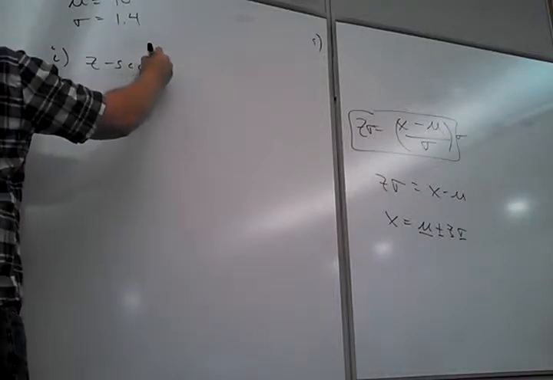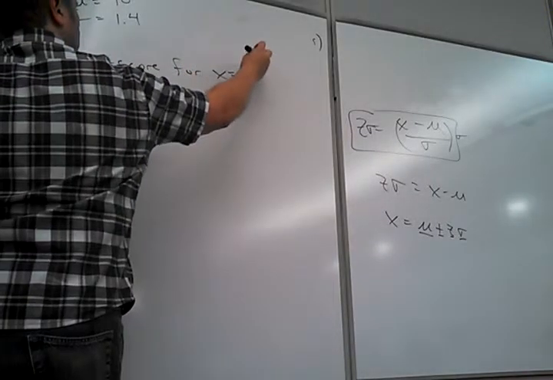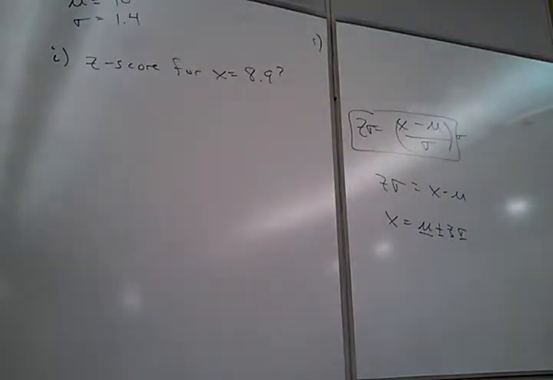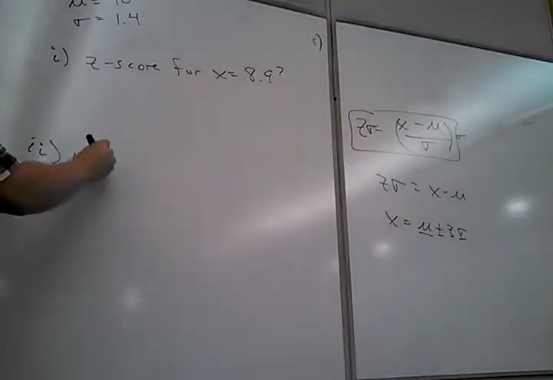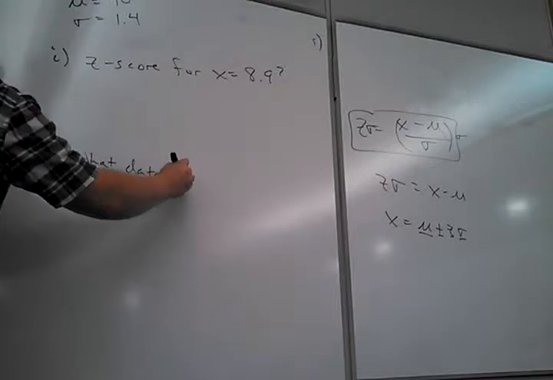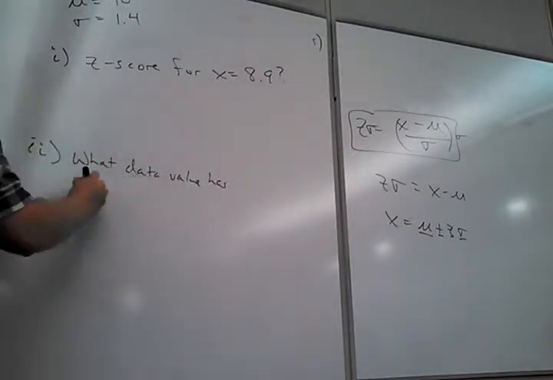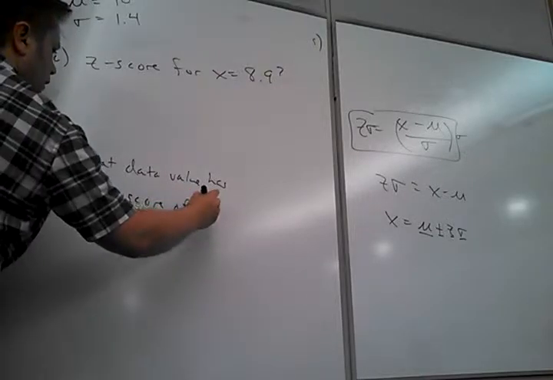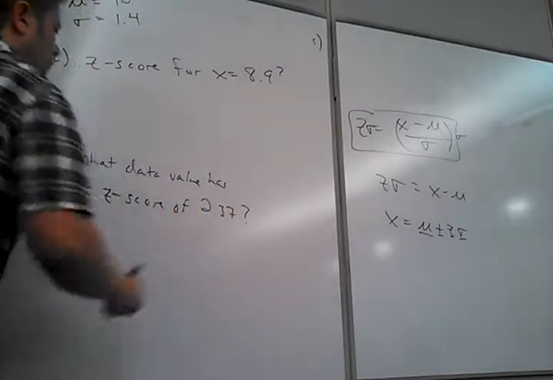What's the z-score for x equal to 8.9? And then what data value has a z-score of 2.37?